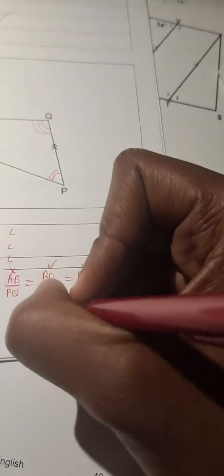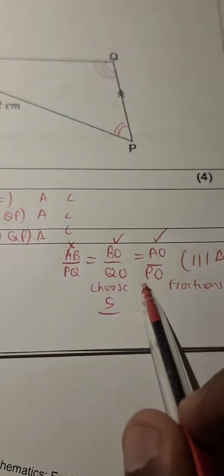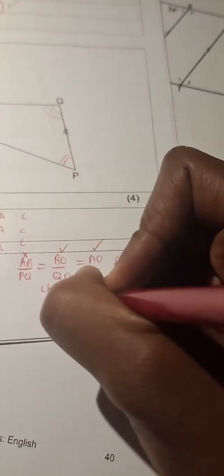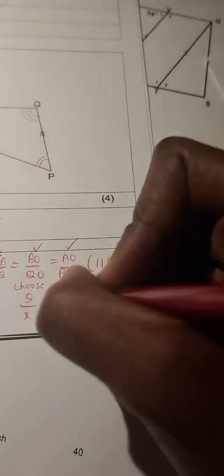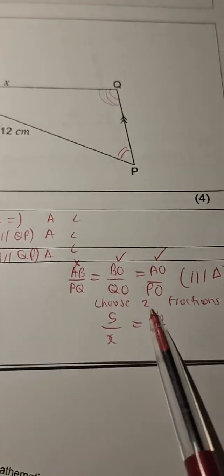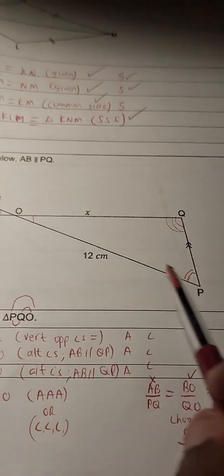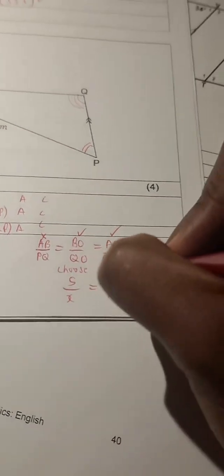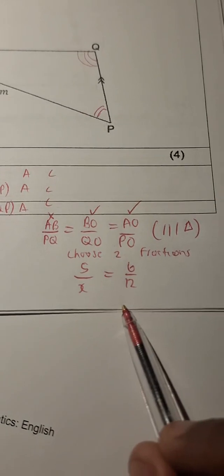What's BO? BO is 5. What is QO? QO is the X I'm looking for. What is AO? AO is 6. What about PO? PO is 12. This can be solved.